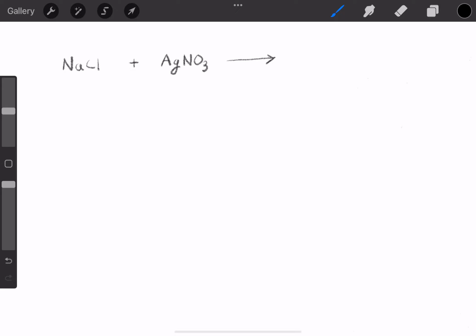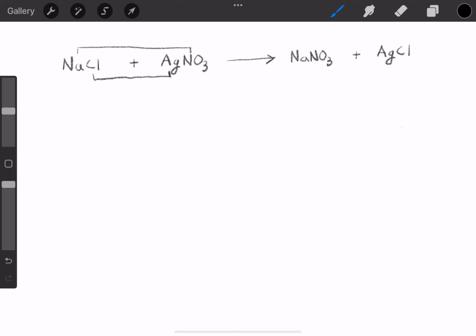So in double displacement reactions, what's happening is your ions are switching partners. So you're going to combine these two molecules here and now these two molecules. They're going to now switch places. So we get sodium nitrate plus silver chloride.